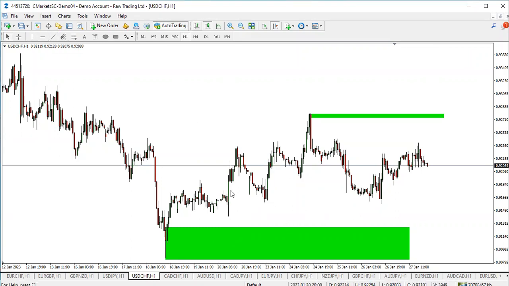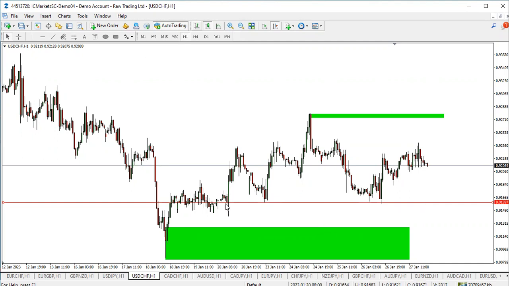Here is another area of liquidity, a strong support area for retail traders.